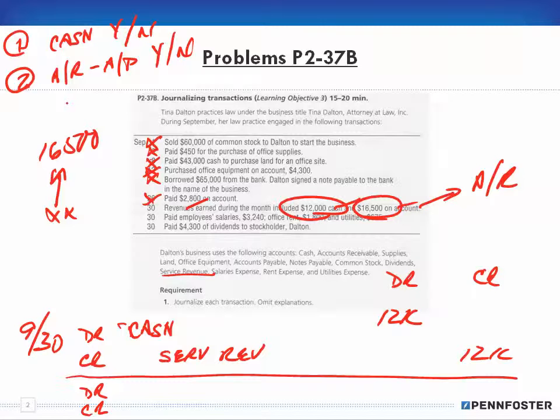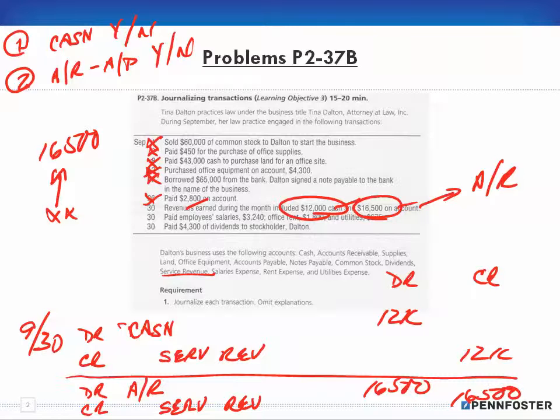The thing about accounts receivable is that it's just like treating cash. You don't have to memorize something special for accounts receivable. Accounts receivable is just like cash because cash is an asset and I'm increasing my asset on the debit side. So I debit my accounts receivable, and since I'm still making a sale, I'm going to credit my service revenue for 16,500.